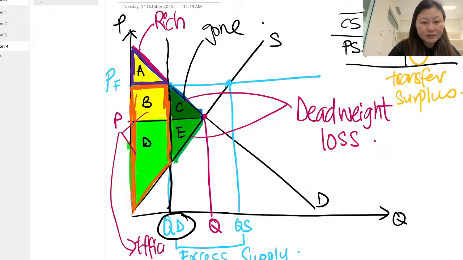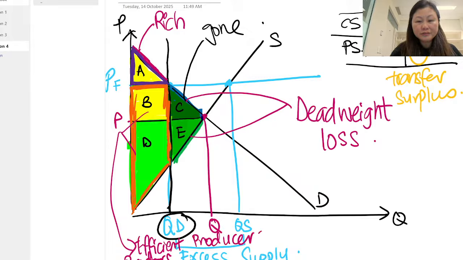Sorry, my spelling. Okay, so these are the efficient producers that were able to achieve the producer surplus.